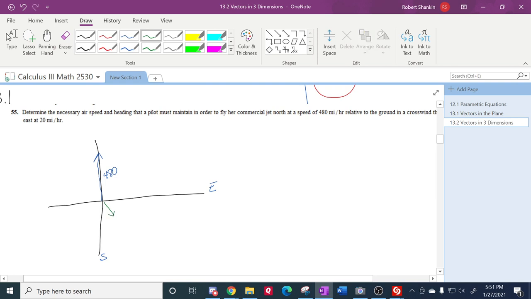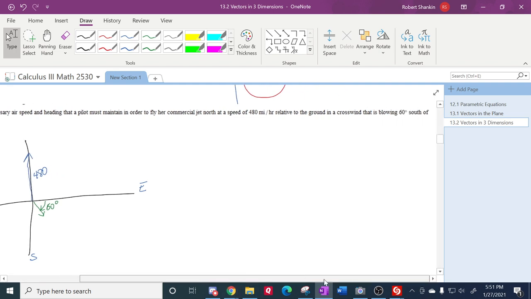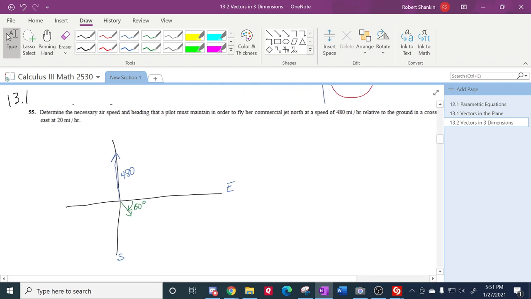Just like this. This is 60 degrees. Now it's not just blowing here, it's blowing everywhere. And it's 20, magnitude of 20.